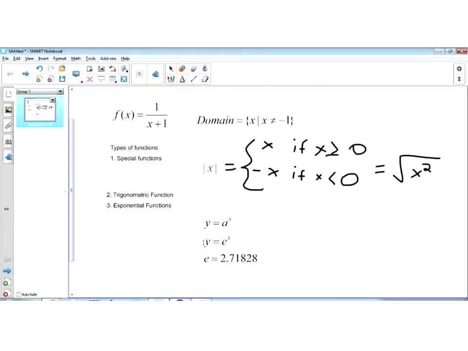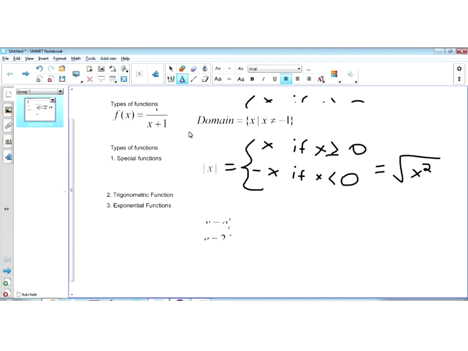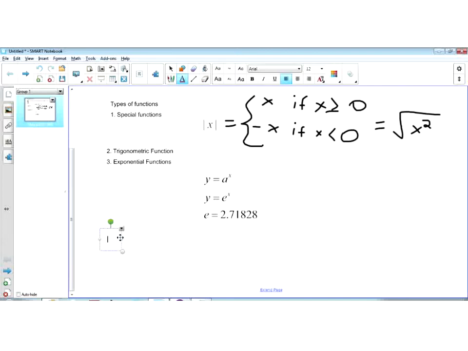Okay, so what next? Exponential functions. Oh, polynomial functions are another class of functions that we'll be talking about. So let me write that down as a fourth class of functions. Polynomial functions. Okay, so an example of a polynomial function would be a quadratic, right?